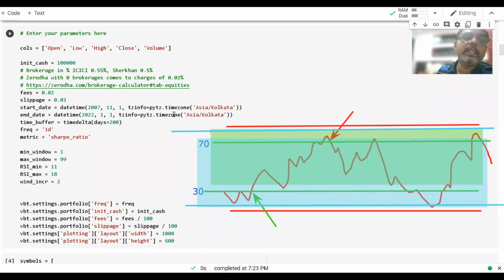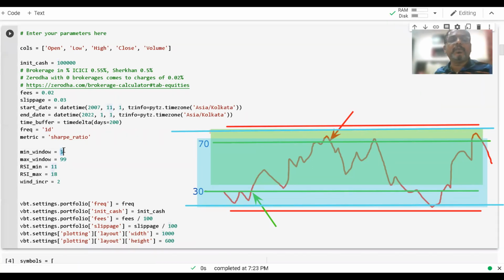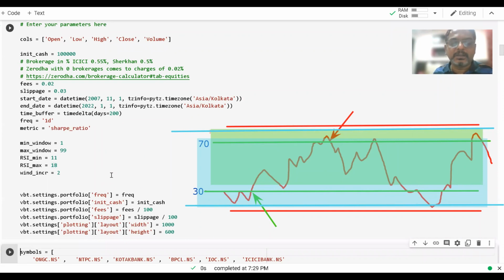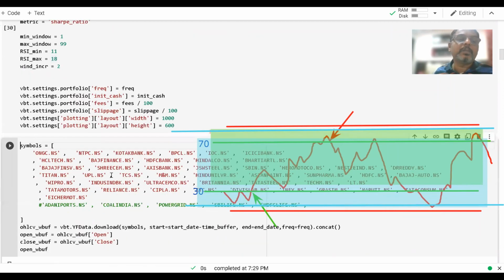Very quickly, you don't need to understand the code. It's fairly straightforward. What I am doing is minimum window is 1, maximum window is 99. Instead of using just RSI 14, which is standard, we are going to be trying RSI 11, 12, 13, 14, different values of RSI all the way till 18, just to see whether it works or not. If I run this, it's just shift enter to run a particular cell.